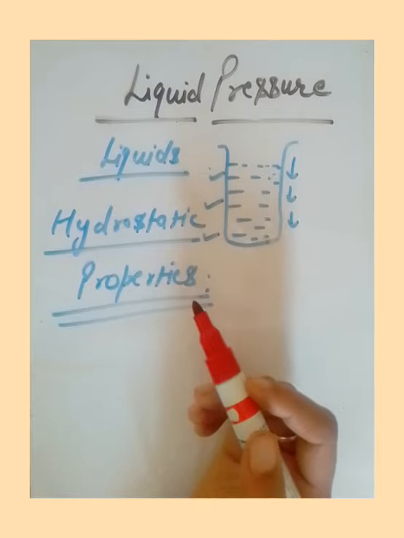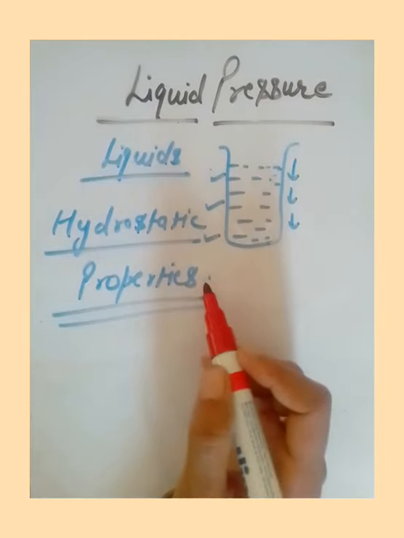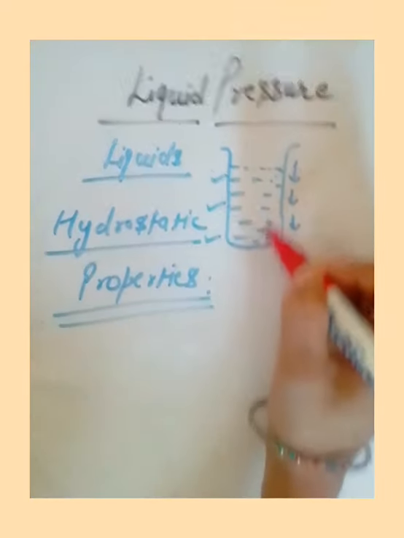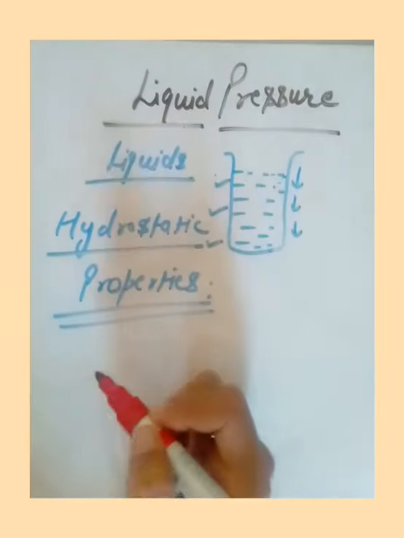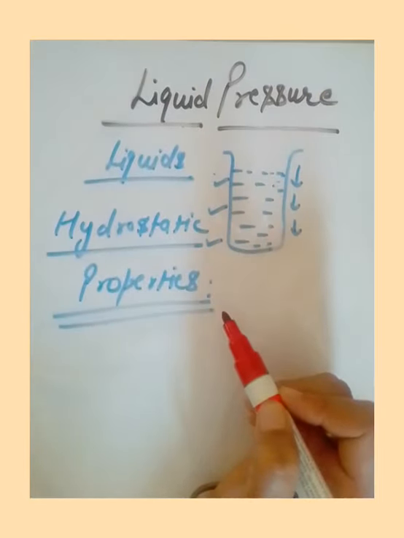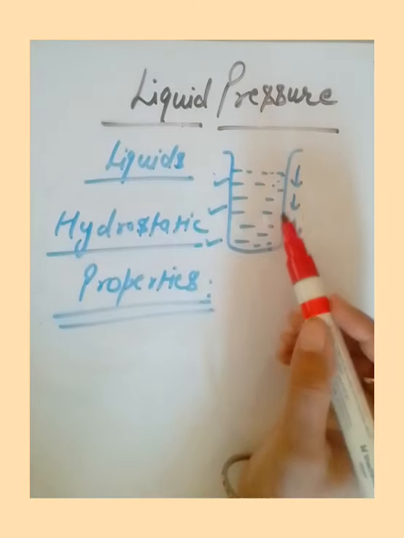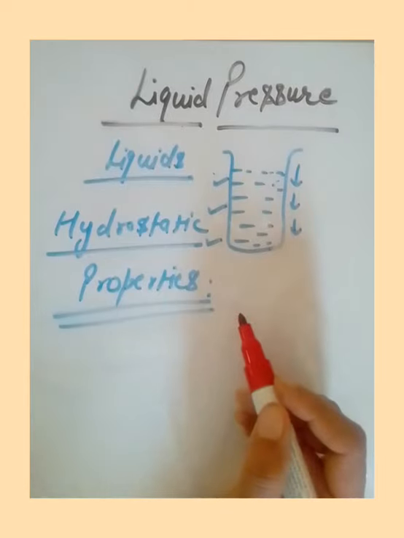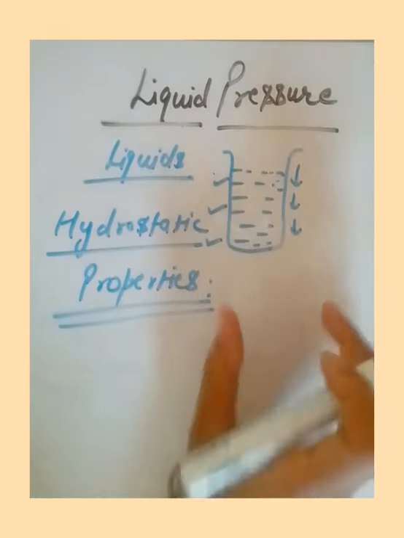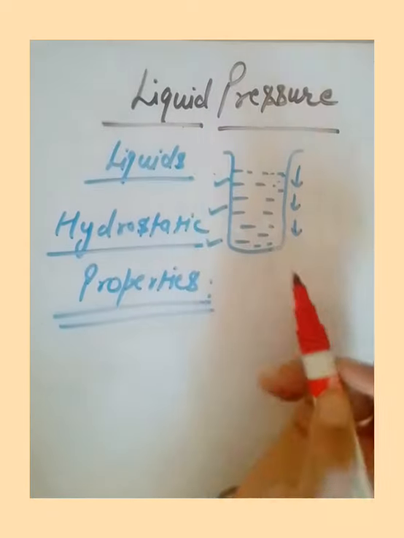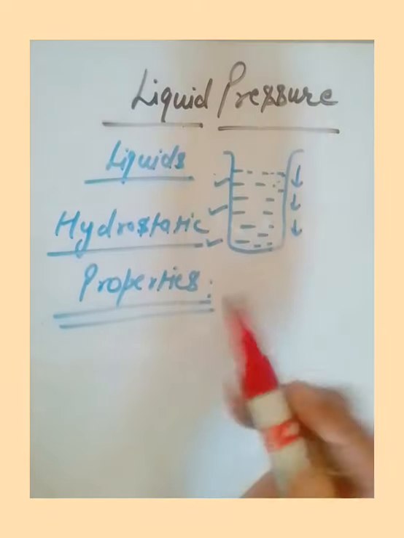It acts perpendicular to the base. What does it mean? Here is the water column, and there is a particular height of this water column. The pressure is because of the height of the column, and it does not depend on the area of this bottom. It acts perpendicular to the base.